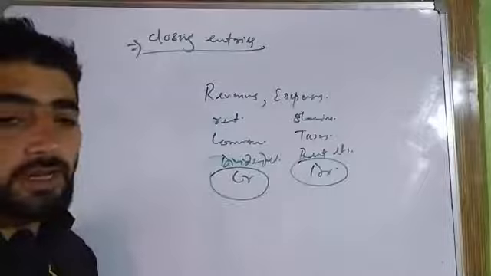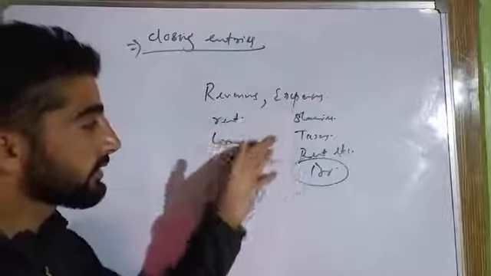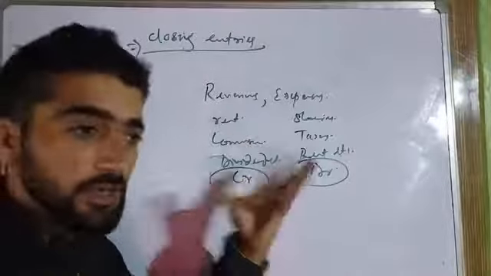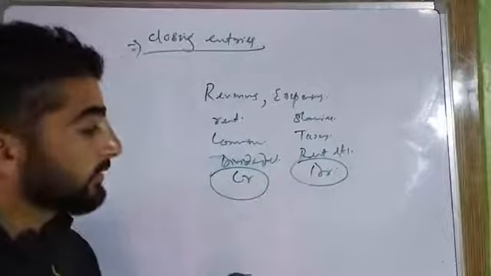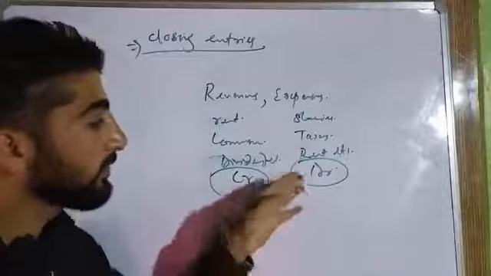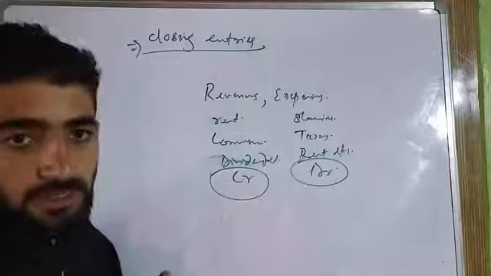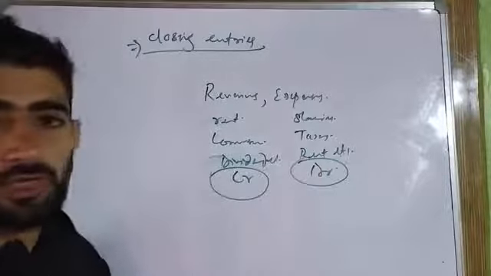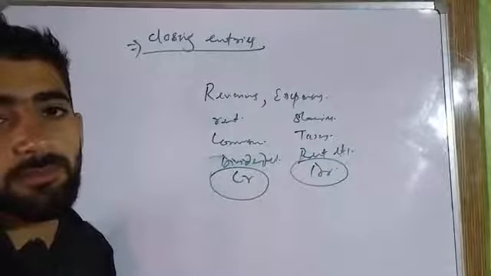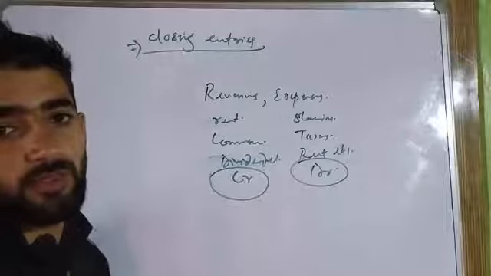At the time of recording these revenues and expenses in the journal the first time, we give debit to expenses and credit to revenues according to the rule, according to the traditional as well as the modern approach.